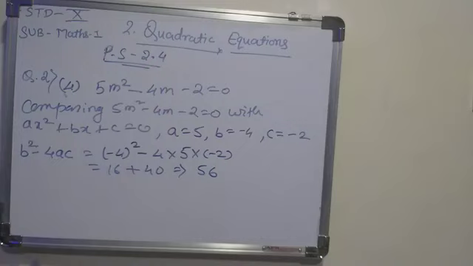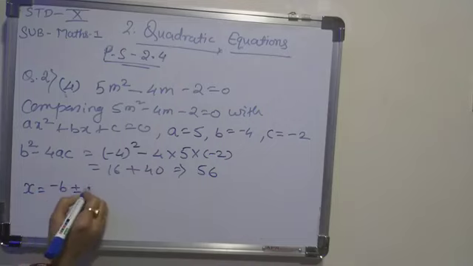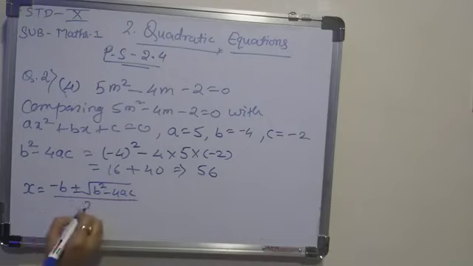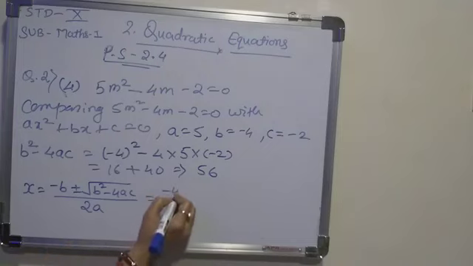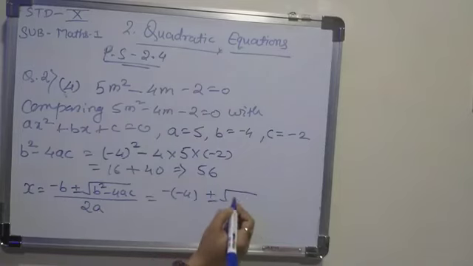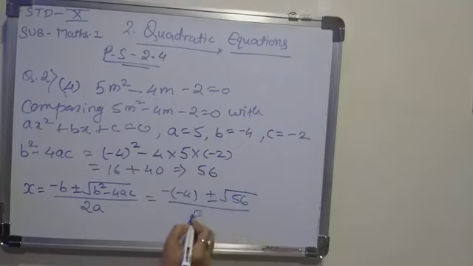Now we know the formula. What is the formula? x is equal to minus b plus minus under root b square minus 4ac upon 2a, right? Substitute the values. So you will get minus of minus 4, because the value of b is minus 4, plus minus under root 56 upon 2 into the value of a, which is 5.